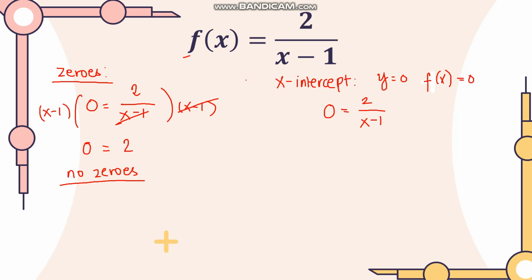So we have here now 0 equals 2 over x minus 1. Now notice, this is just the same as our solution for zeros. So if I multiply both sides by x minus 1, this will be cancelled. Still, we will get 0 equals 2. That means there's no x-intercept.